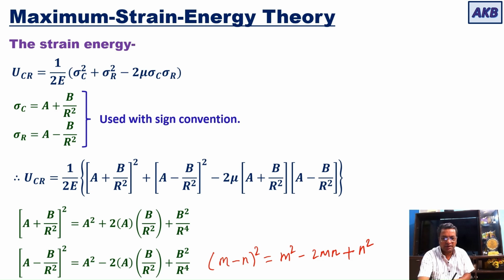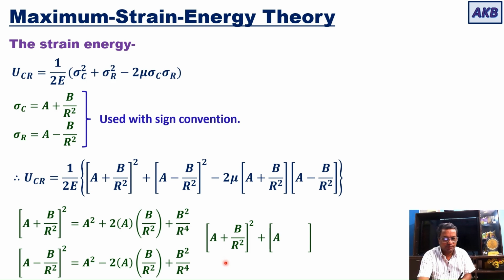So using this I have expanded this bracket, the square of A minus B upon R square.